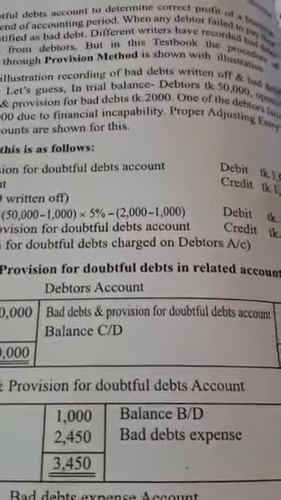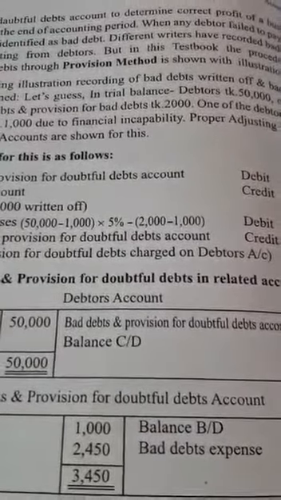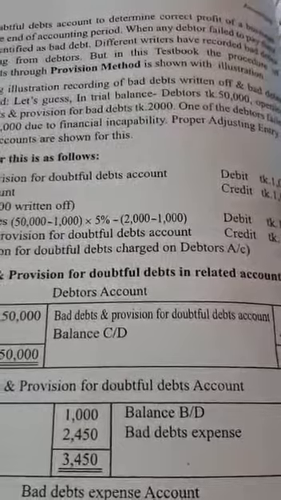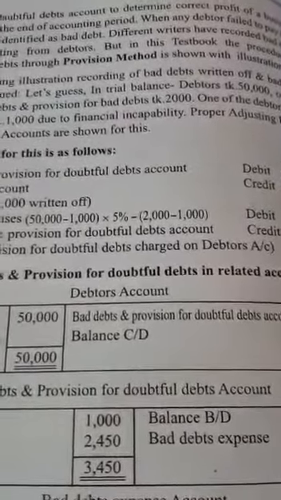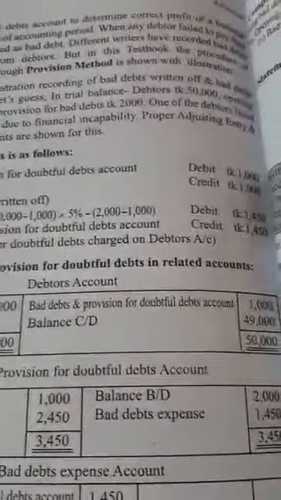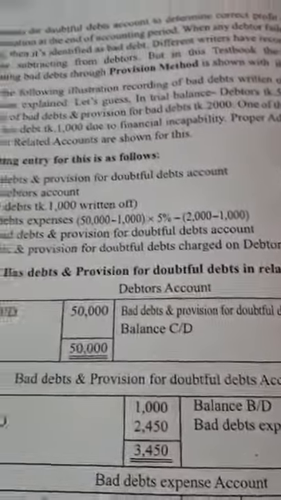So how will we calculate and how will we show it in our comprehensive income statement as well as in the statement of financial position? We need to calculate the new provision first. Let us see how we will calculate this.